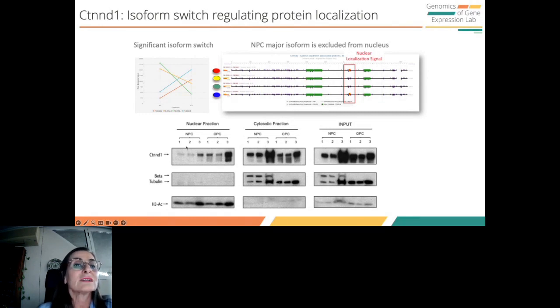So basically, the change in isoform is controlling the localization of the protein at the nuclear fraction, and this is changing between progenitor cells or oligodendrocytes.